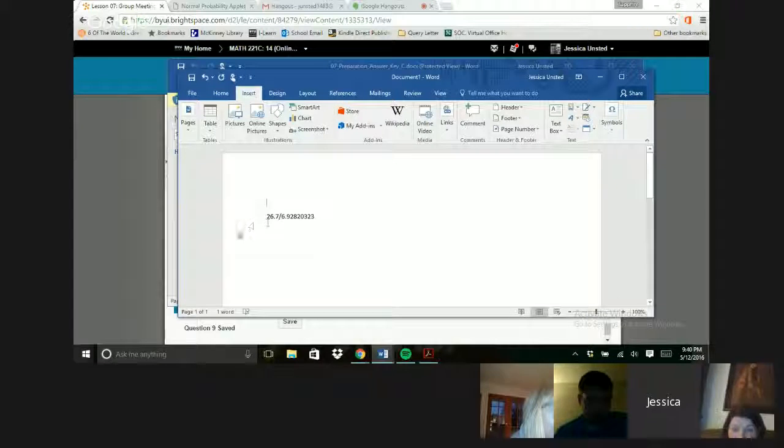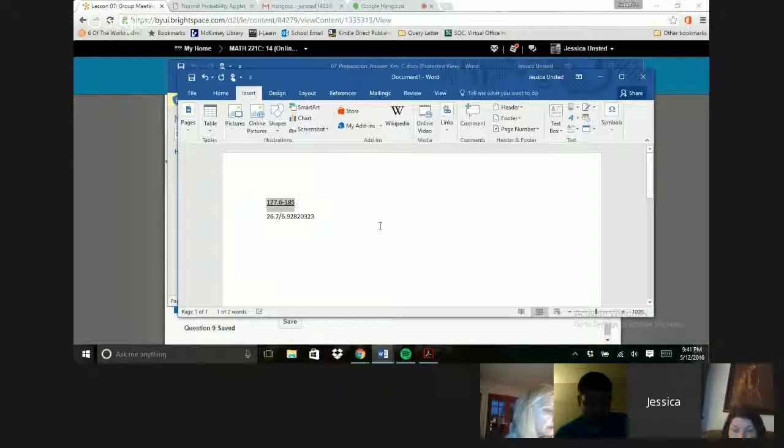So that's the bottom part of it. And then on the top part, you do 177.6 minus 185, which is negative 7.4. And then we do 7.4 divided by that 6.928203230, and then we get 3.853813047. Is that right? Is that what you got?